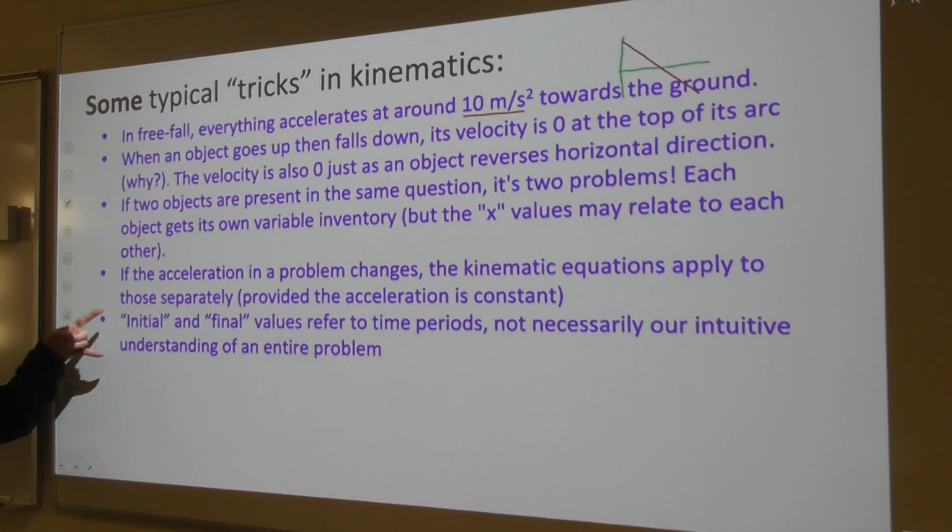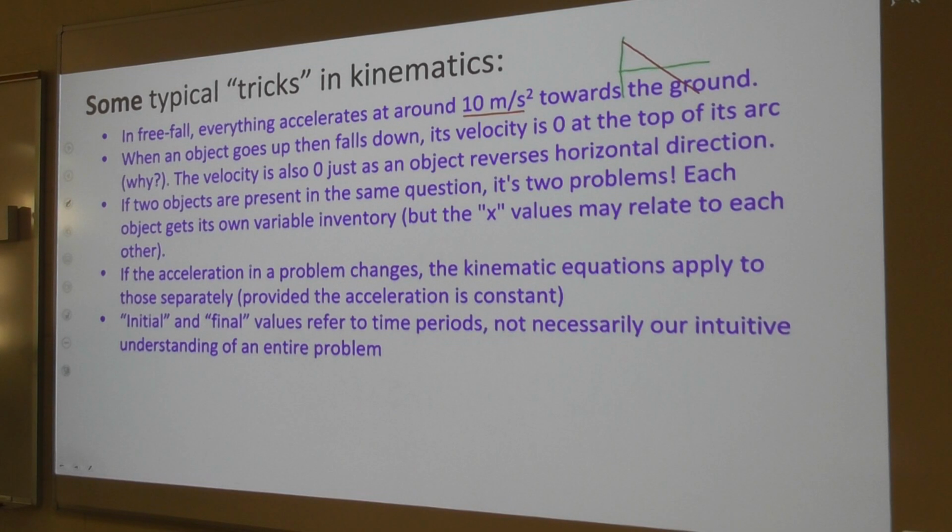This gets weird. When we talk about initial and final values, you'll see an example of this shortly. Basically, what can happen is that we want to say the initial velocity is some number and it's fixed and we all know what it is and we all know when it happened. But the truth is, the kinematic equations apply over different time periods.